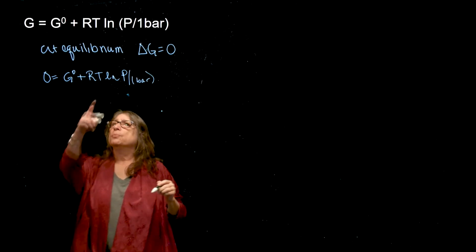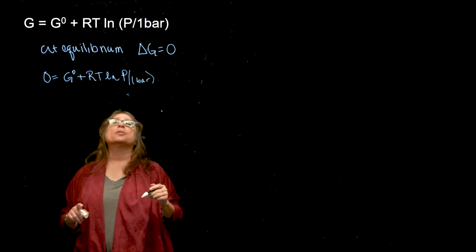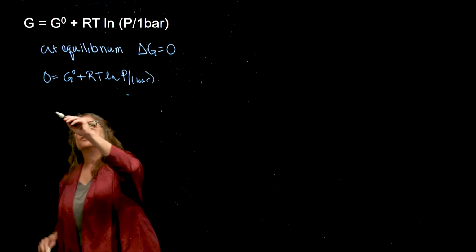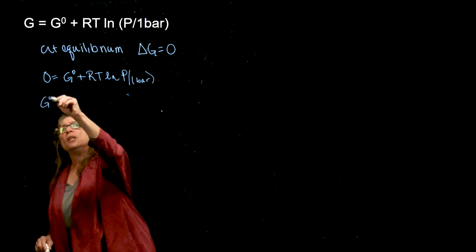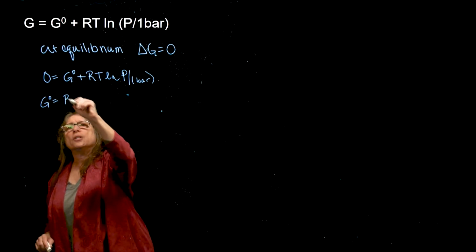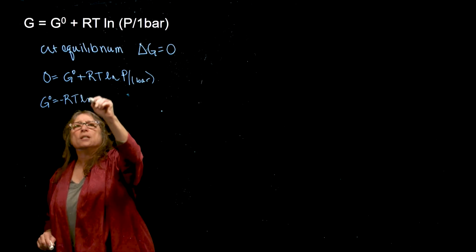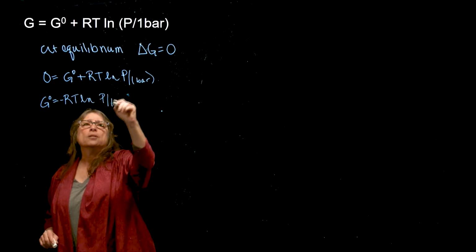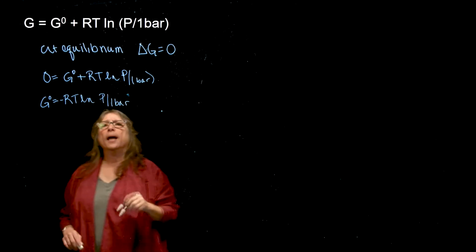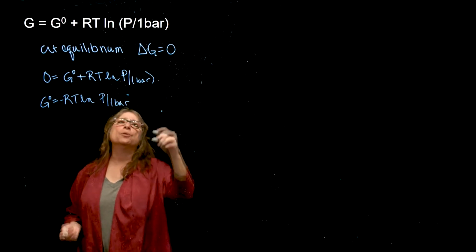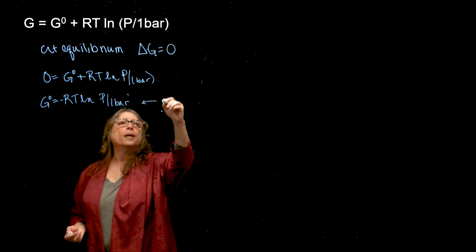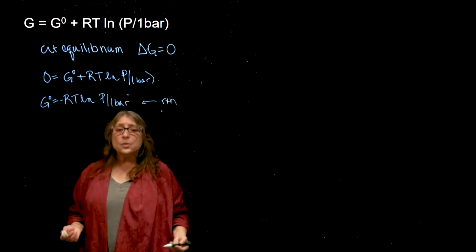And so I'm going to move the RT over to the other side. Well, you'll see what I'm going to do. I'm going to have G naught equal to negative RT times the log of the pressure divided by 1 bar. And now what I really want to do is use this for a reaction, because that's when we actually have an equilibrium.